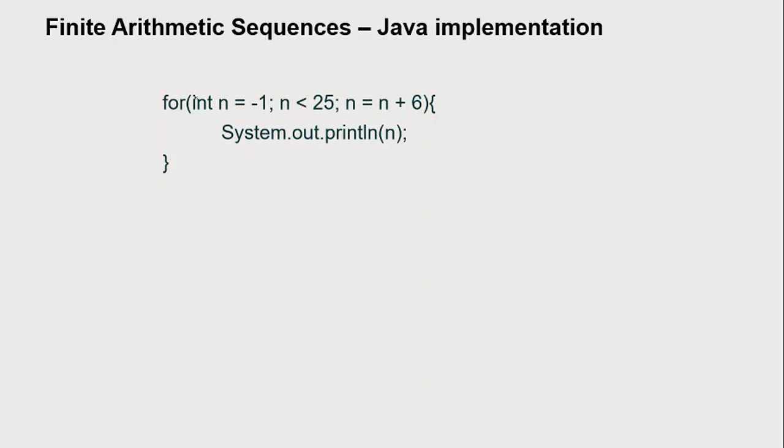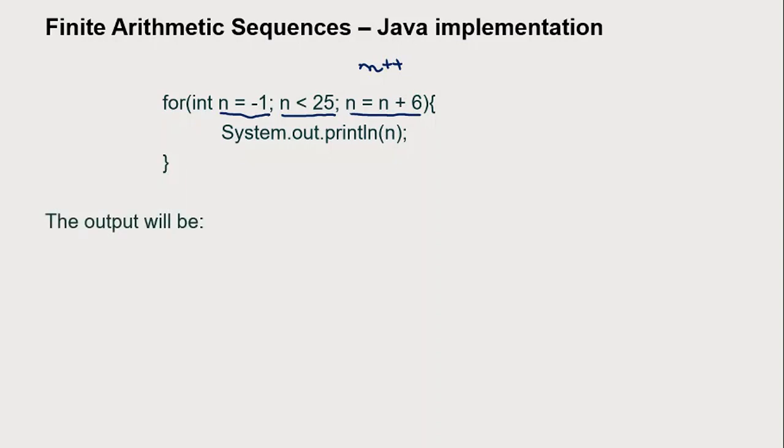So for n starting at -1, for example here, n goes up to 25, n goes in increments of 6. In this place, usually you would have n plus plus, which means you increase n by 1 every time you loop it. Here we are actually not increasing by 1, we are increasing by 6, and then we are printing all the n values that we have.